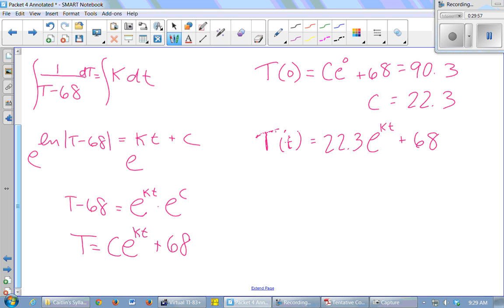And then to find out what k is, I use my other piece of information, that 1 hour after we found the body, so T of 1, T at time 1, that's going to be 89. So 22.3 e to the k plus 68 equals 89. So then we solve for k.